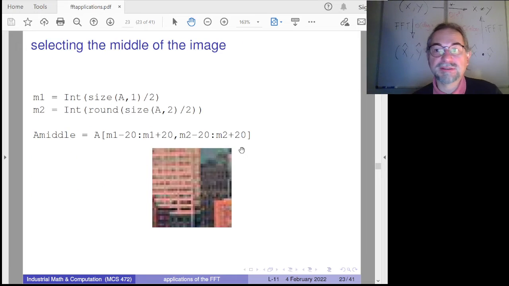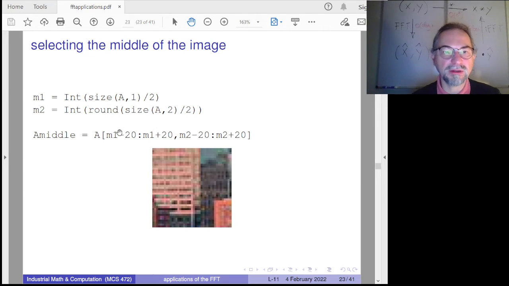Okay, so let's see what we can do with this. We know we can slice an array, or a matrix. I can take the middle. So I take the middle of the rows, the middle of the columns, and here I had to not only convert to an integer but also round. The odd number turned into a 0.5, and that gave a problem.